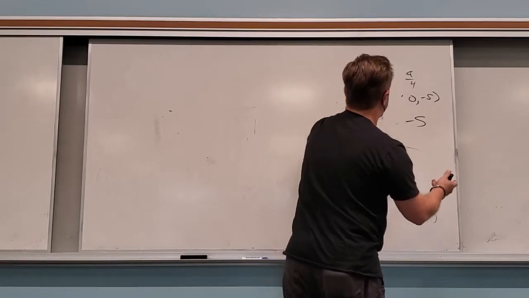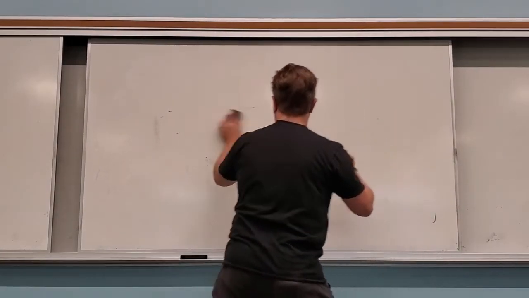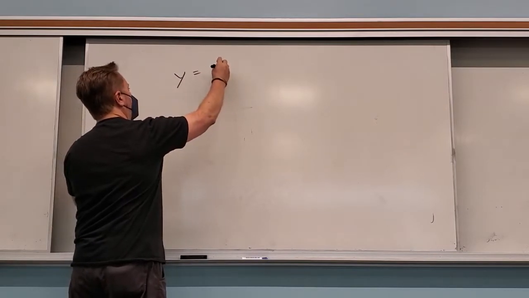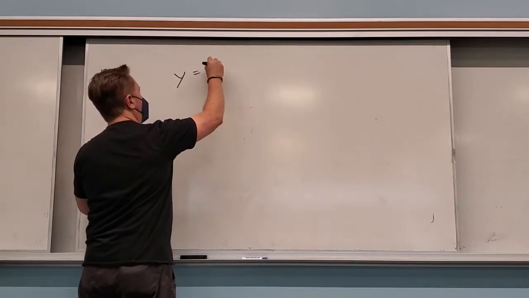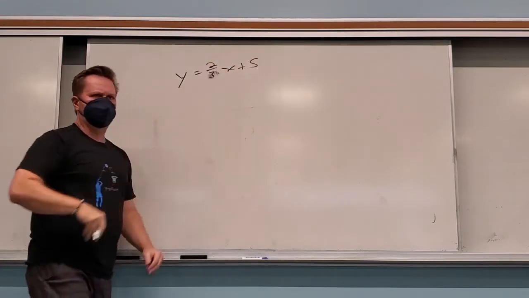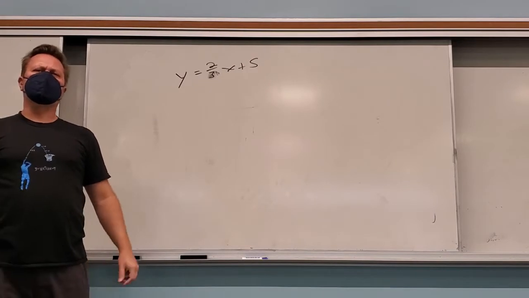Somebody give me a nice equation of a line, like y equals, give me something kind of nice. 2/3 x plus 5. Yeah, let's look at that. How do I find the inverse of this?